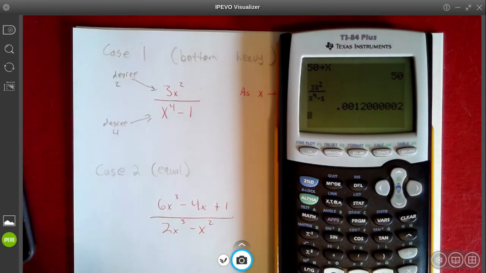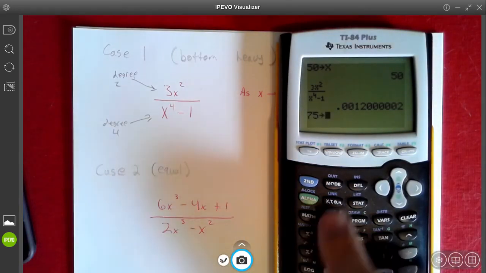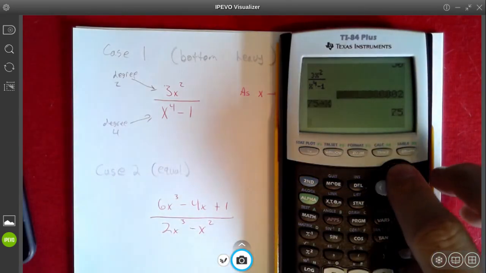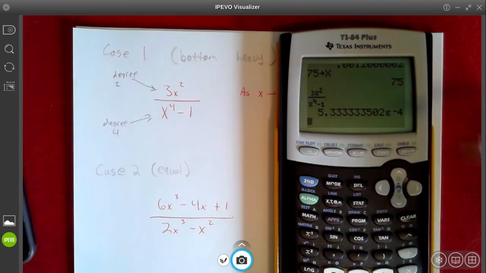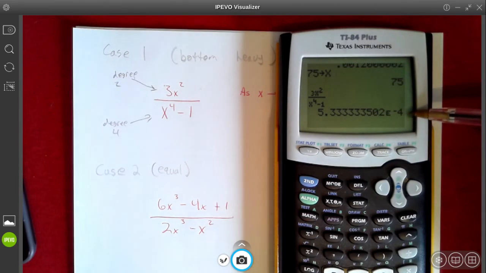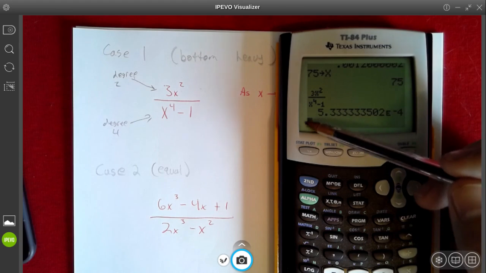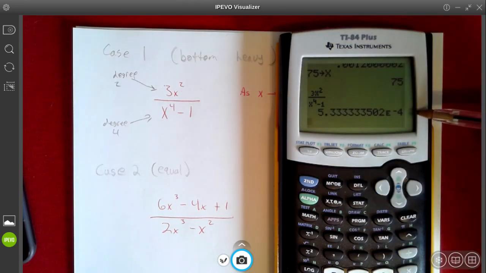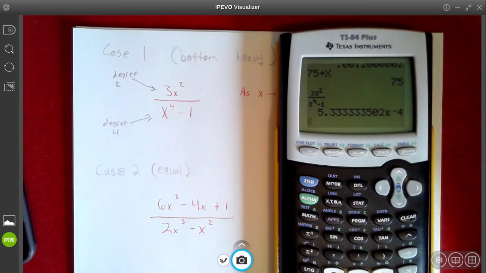If I went with a bigger value, say like 75 for x, try it again. I start getting into scientific notation, where you move the decimal to the left 4 places. This represents a very small number, by the way. In fact, the bigger the number that I plug in for x, the smaller and smaller my answer is going to be.